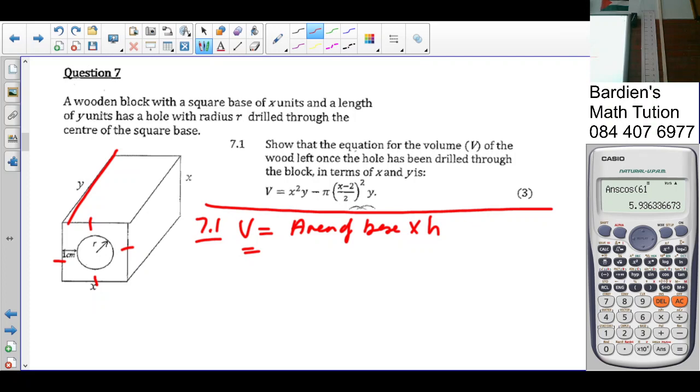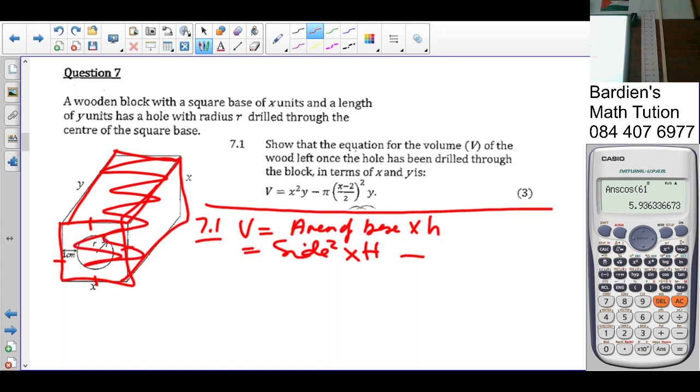How do you calculate the area of a square? Side squared times the depth of the object, which is the height. So side squared times height is the box in total. So I'm subtracting now the volume of the cylinder that is drilled through here.